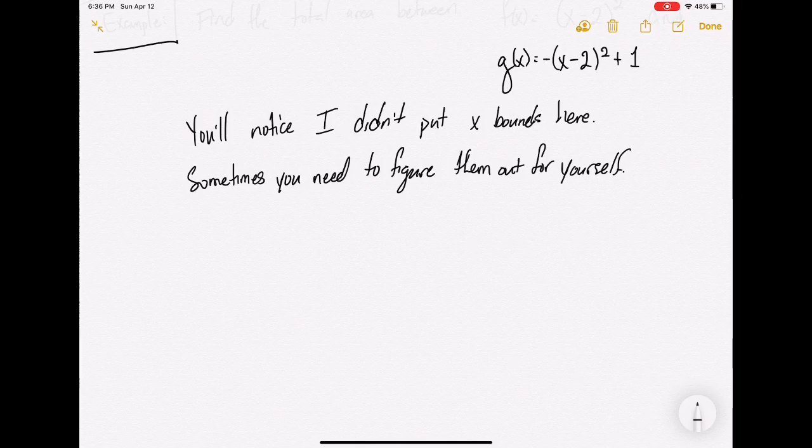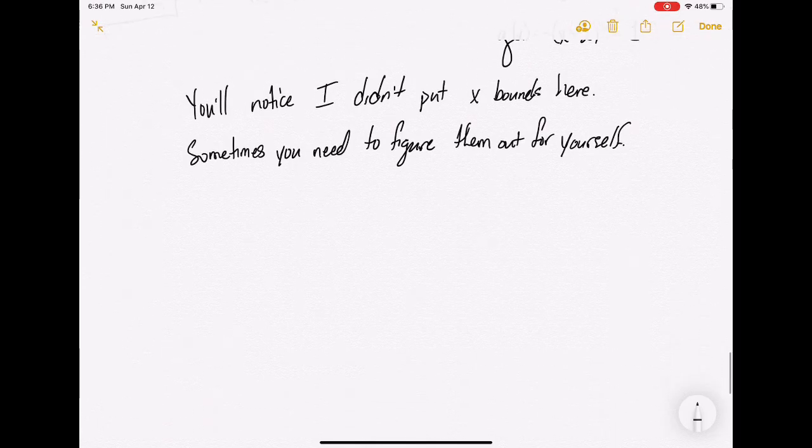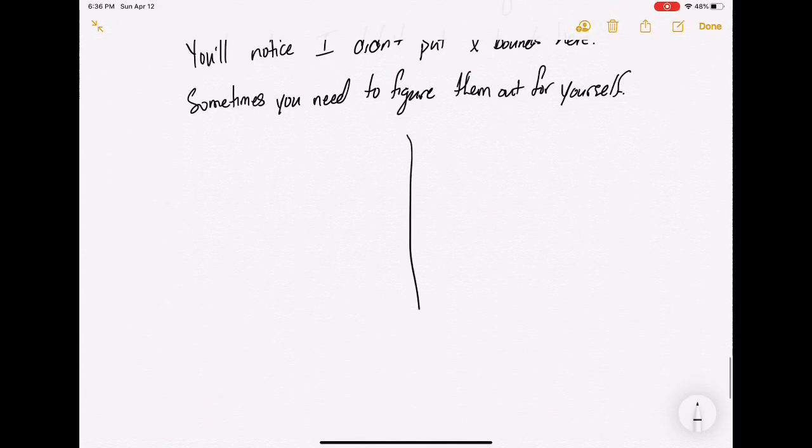Sometimes you have to figure out the x bounds for yourself. We'll see. I'm going to graph these, and then we'll see if you guys can come up with the x bounds for me. Let's graph the functions.